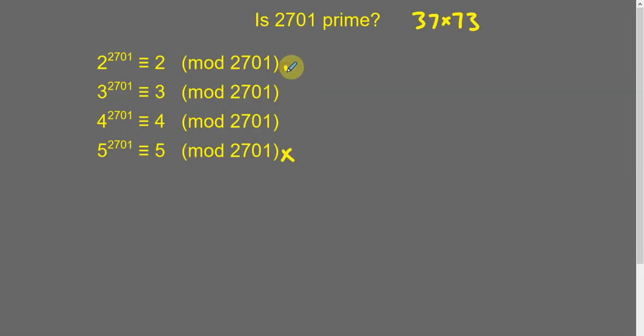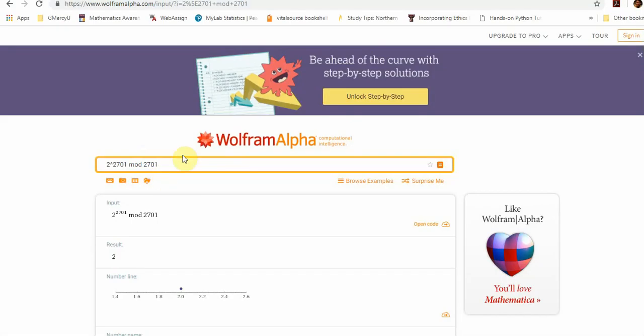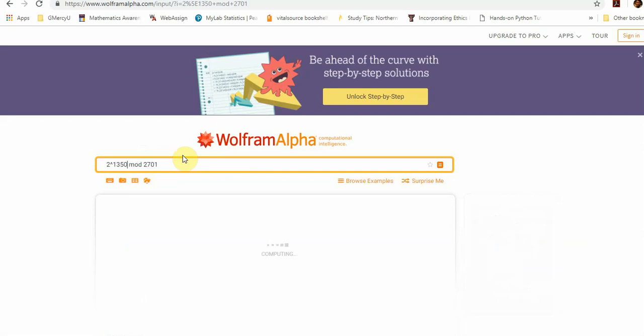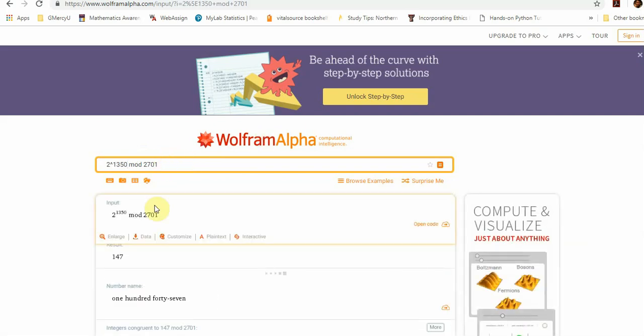So that passed. But before moving on to 3 like we did last time, we'll do this square root idea. So 2 to the 2700, and then the square root of that would be 2 to the 1350. So let's do 2 to the 1350. And what we're looking for here is either 1 or n minus 1, which would be 2700.